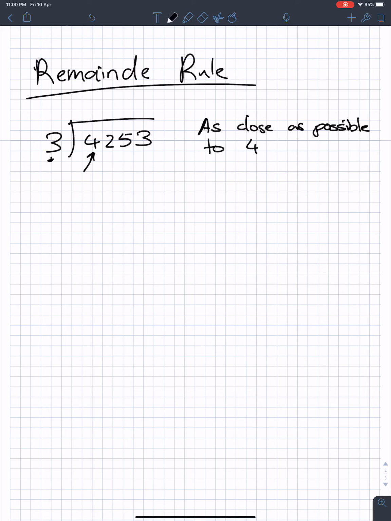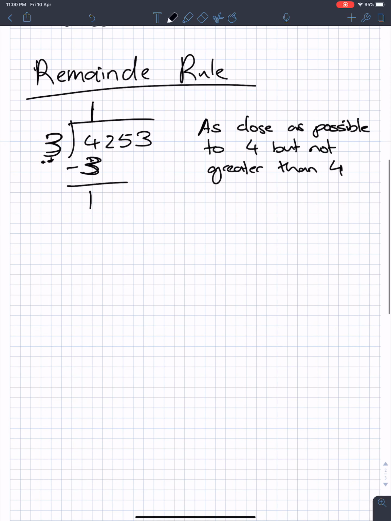So 1 times 3 is 3, 2 times 3 is 6. 6 is greater than 4, so 1 times 3 is 3. We write it down here underneath and subtract it: 4 minus 3 is 1.